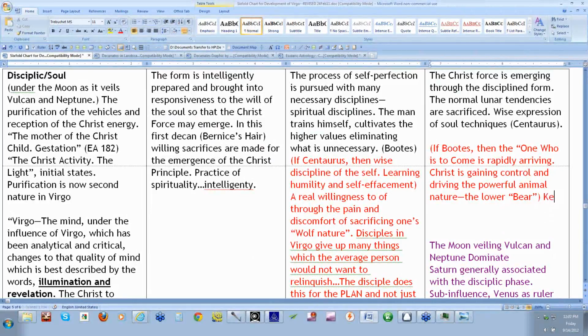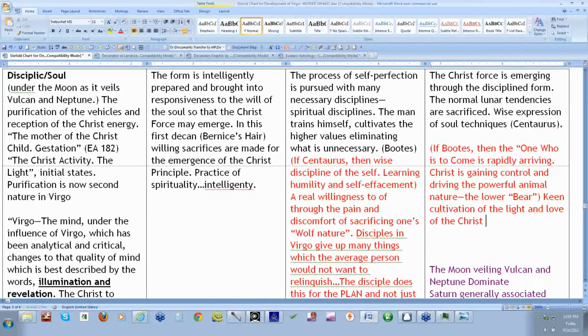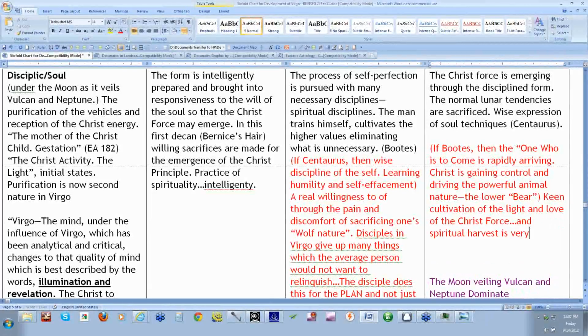So there is a keen cultivation of the light and love of the Christ force. And spiritual harvest is very great.